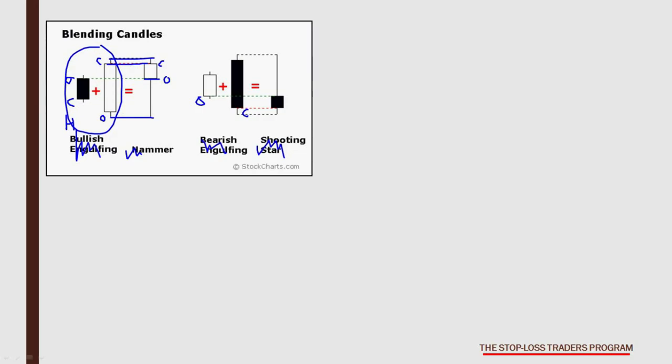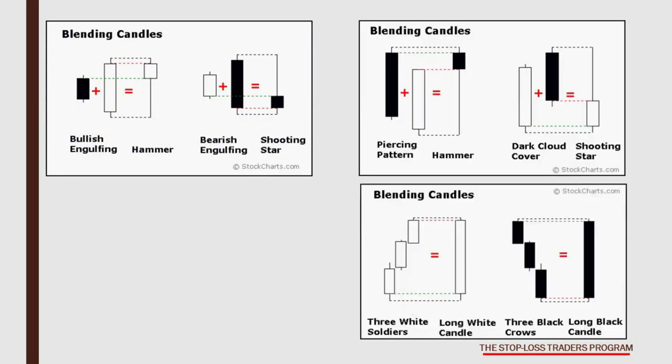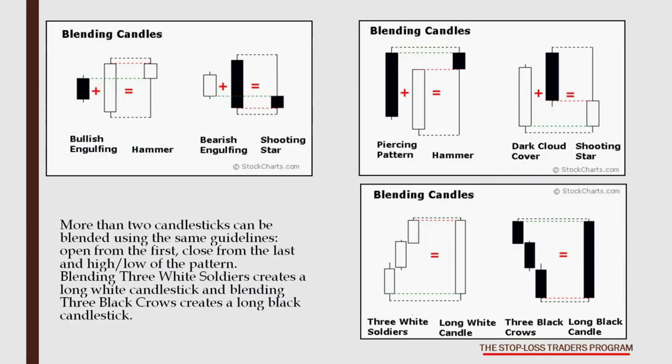Now it is not just the low or the high which is going to be the resistance and support levels, because resistance and support levels are not just precise price points, they are actually areas, zones basically, from where the price reverses. Let's say this is the open and this is the close.